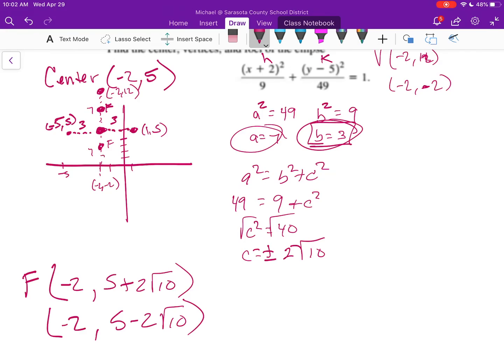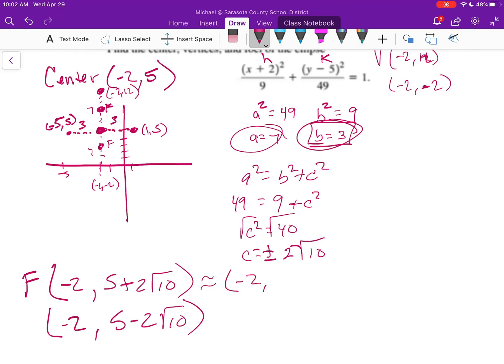Now, depending on what you're doing with it, maybe you will leave it just like this, this is exact, right? This is an exact form. But if it says round to the nearest anything, then you might want to get some approximations in there.